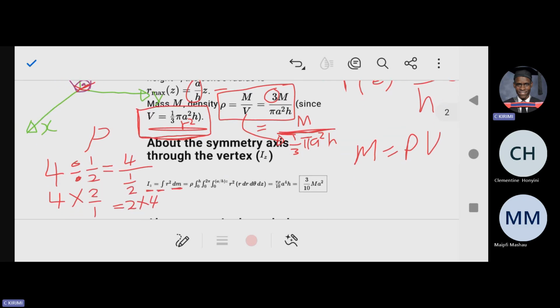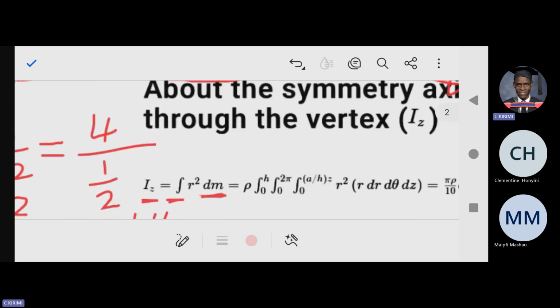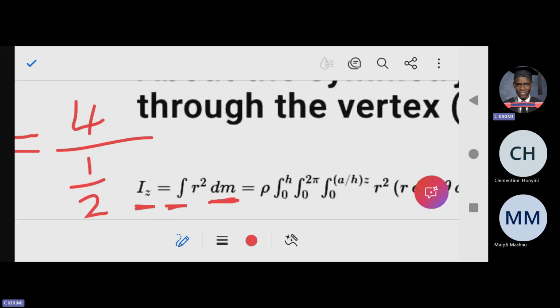All right. So, since I want the moment of inertia, I'm differentiating that mass, dm. So I'm going to the r squared. Remember, the r squared is coming from the formula itself of the integral of calculating the moment of inertia along the z.